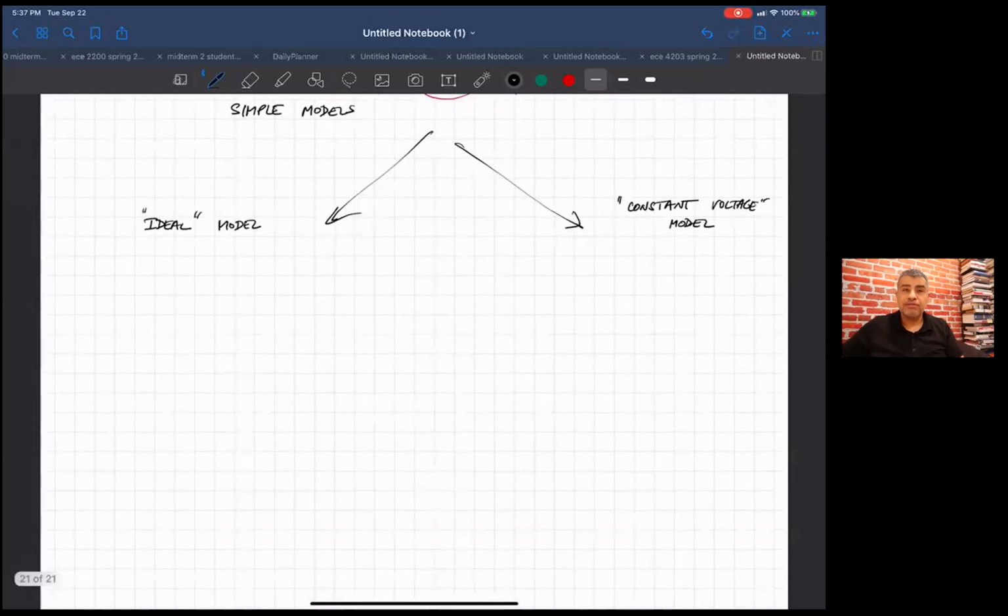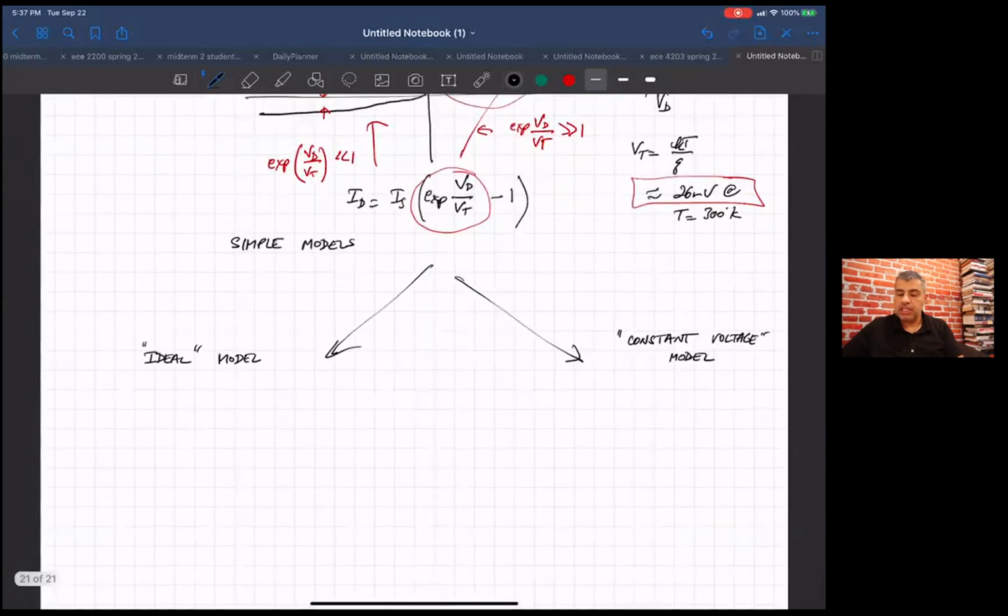Again, I can't emphasize this enough, there's nothing scientific about these models. They're just meant to make it easy to analyze a circuit relatively quickly, certainly quicker than having an exponential thing.